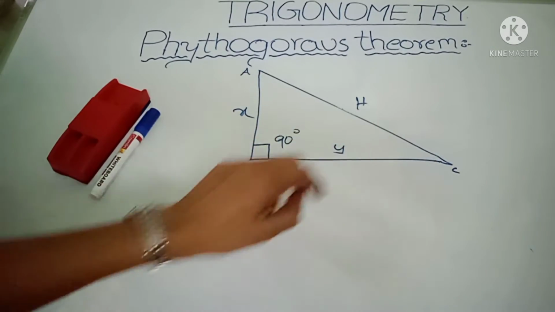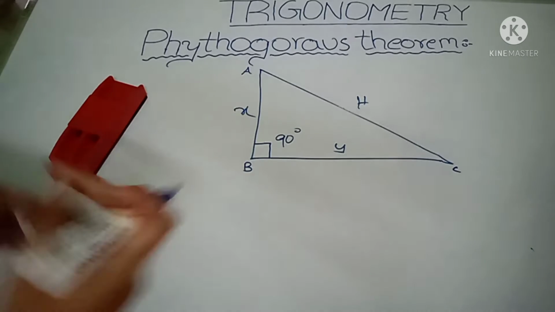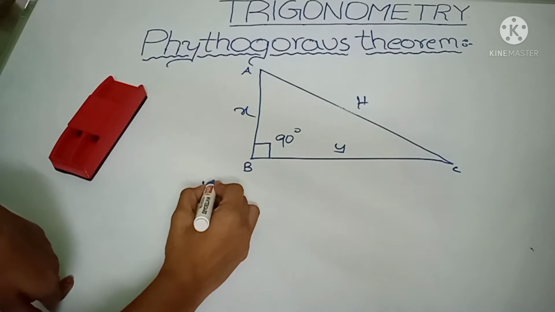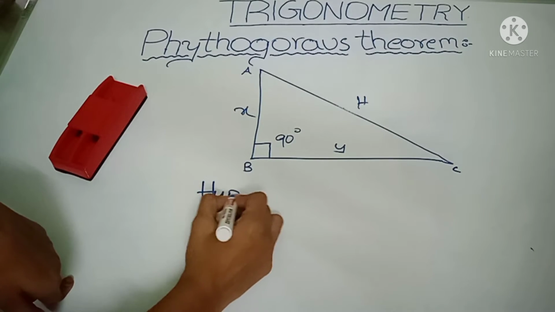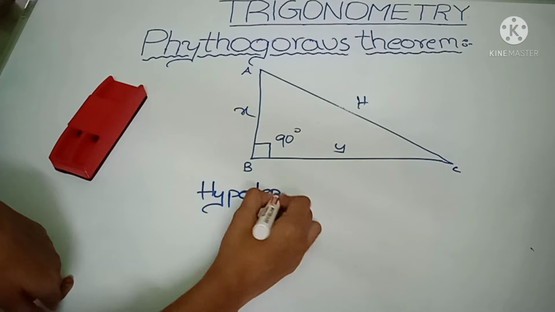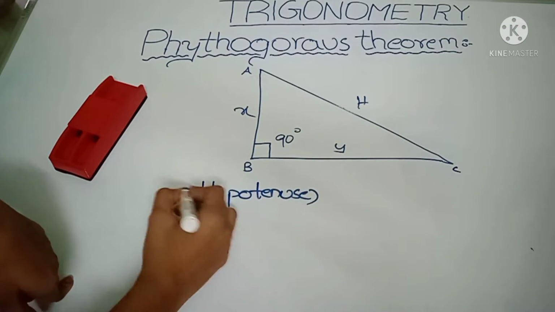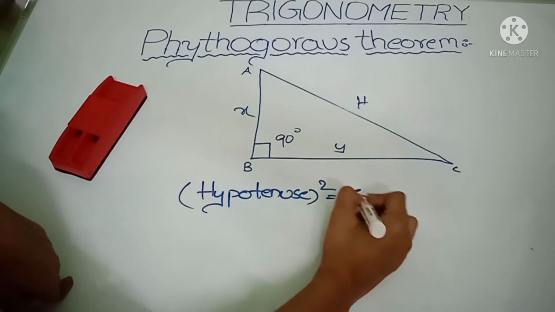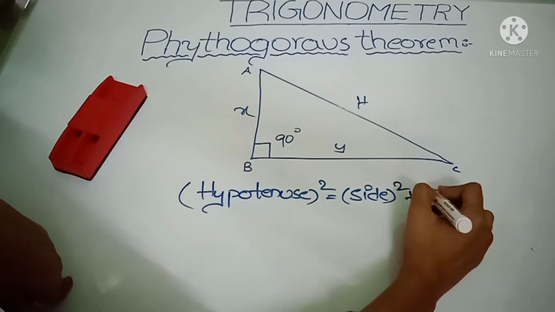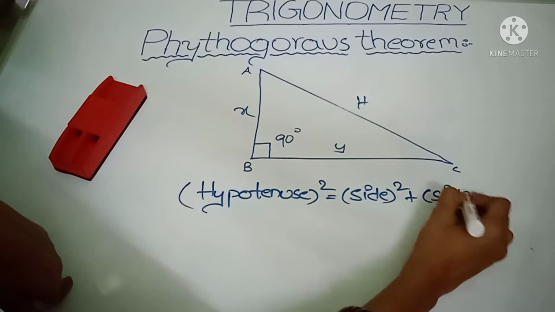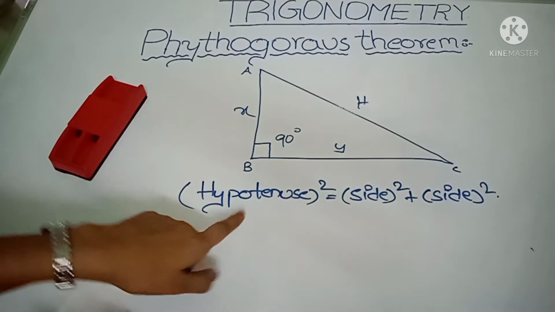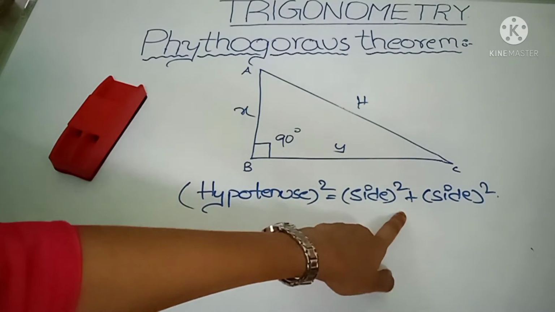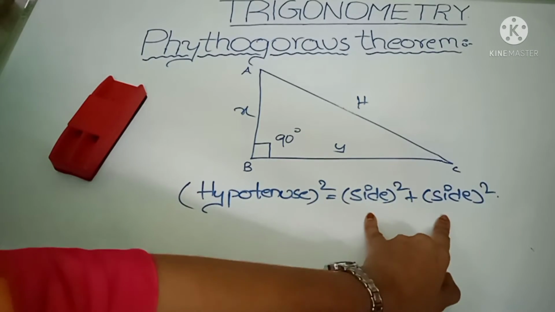Now see here. Hypotenuse square is equal to the sum of the squares of the remaining two sides.